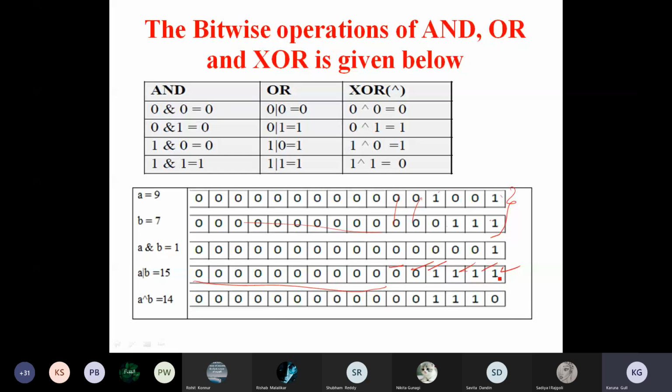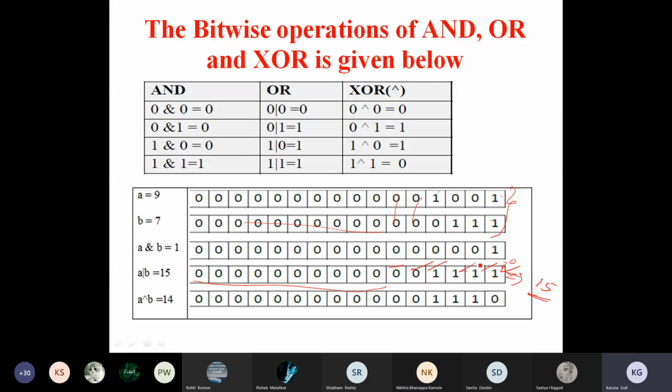Now, can you tell me what is the decimal equivalent of this number? Is it 19? Check it out. 15. Very good. It is 15.